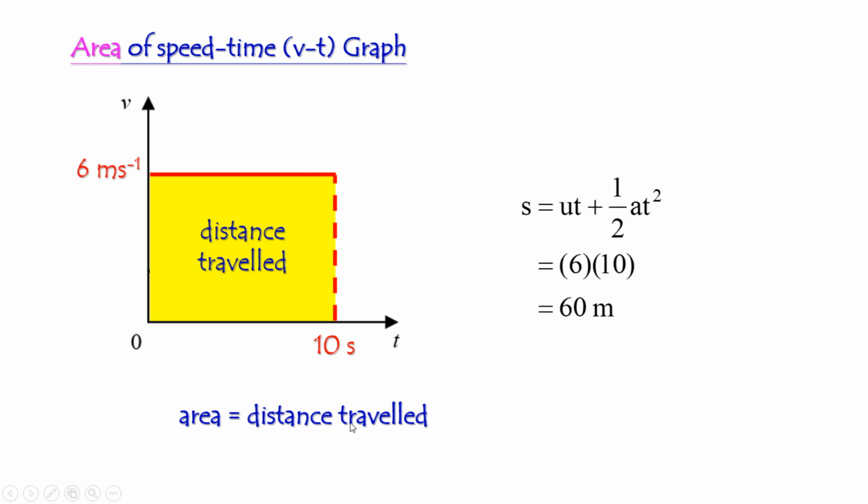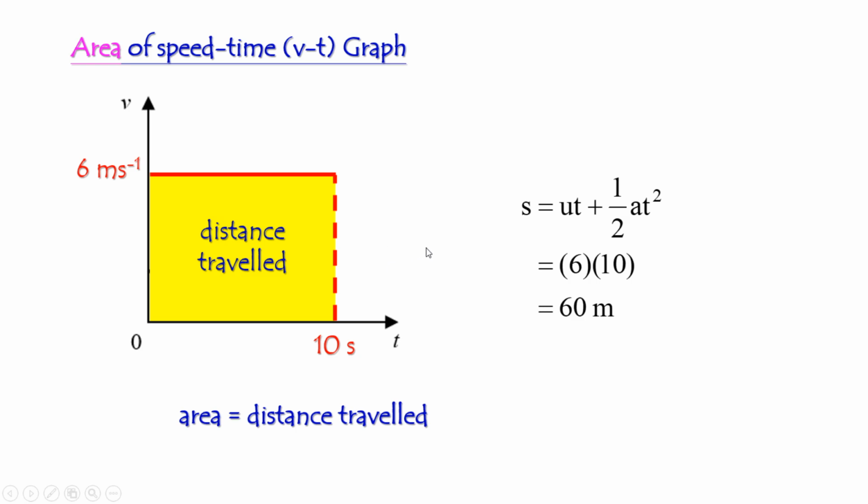So if the question asks you to find out the distance travelled by an object throughout the journey, how can you obtain this value from the speed-time graph? You just simply find out the area under the graph. Then you can find out the distance travelled.